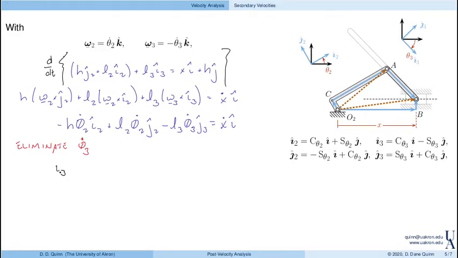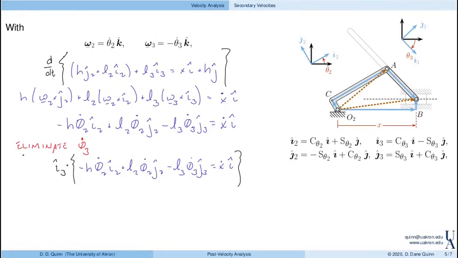Right, so we'll say I3 dot, and then this vector again is minus h theta 2 dot in the I2 direction, L2 theta 2 dot J2. So we'll express this again. And here are the directions again.